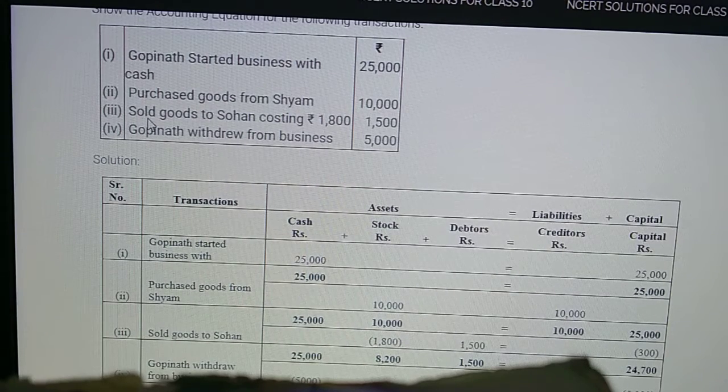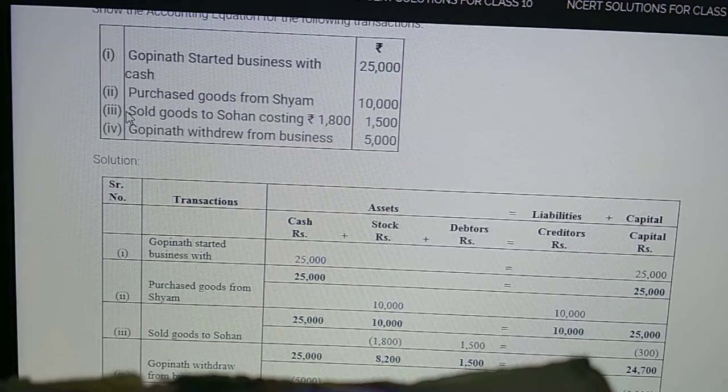Now the third transaction is: sold goods to Sohan costing rupees 1,800, and there is a return of 1,500. Whenever we sell something, we always have the purpose of getting a profit, but in some cases we may get a loss also.